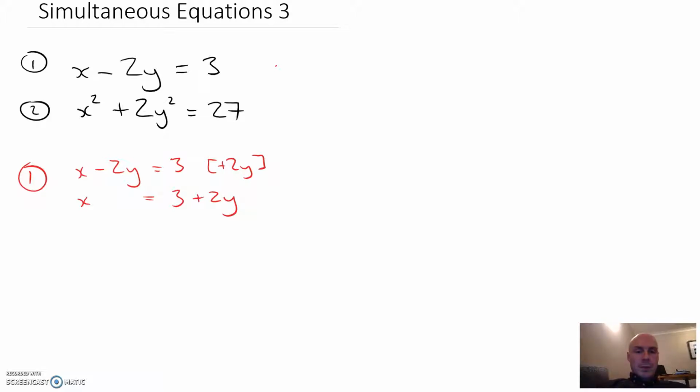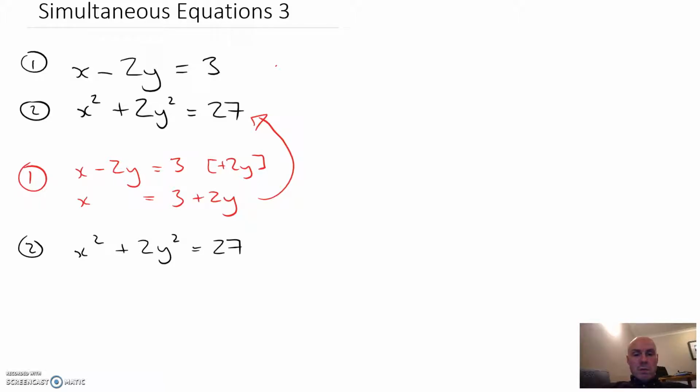Now what we're going to do is substitute that whole 3 plus 2y expression into our other equation, into equation 2, anywhere that an x appears. Okay, so let's rewrite out equation 2. Equation 2 said x squared plus 2y squared equals 27.